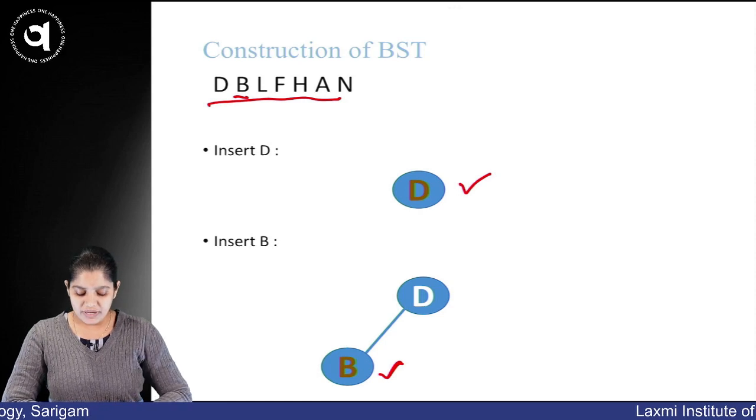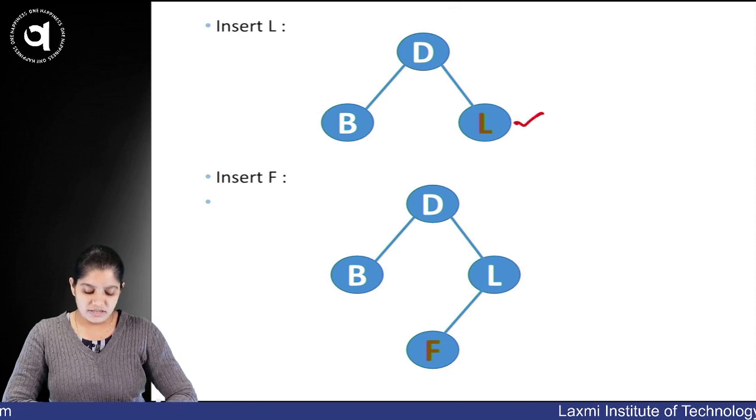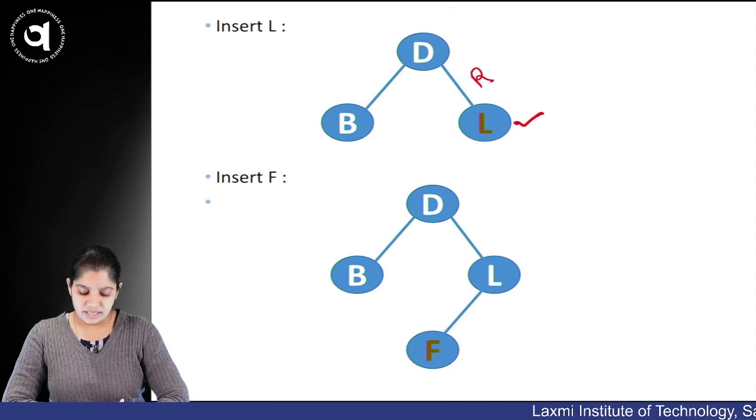Now the next element is L. If we add L here, L is greater than D, so I have added it as a right child. This is your right and this is your left.